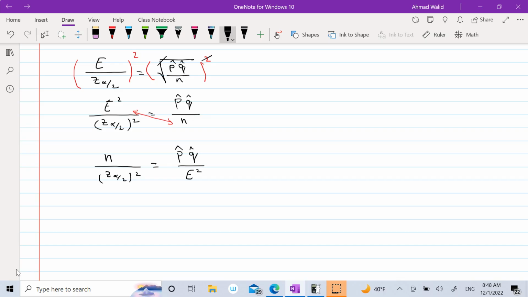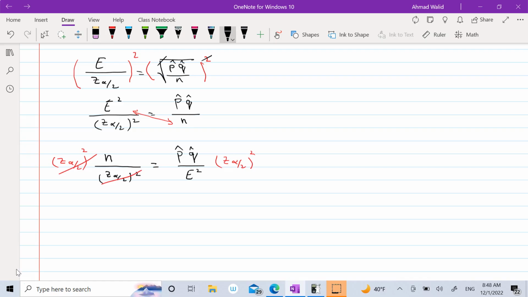One more step. I have to have N alone on this side, so I will multiply both sides by Z alpha over 2 squared. You see these two cancel out.